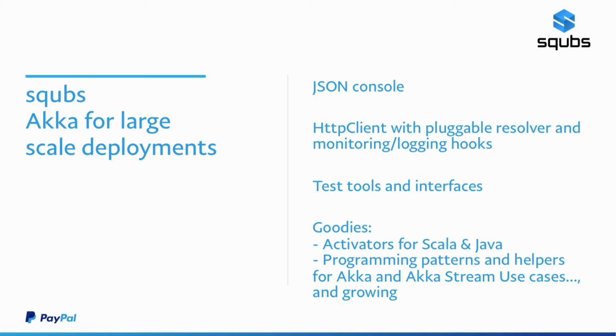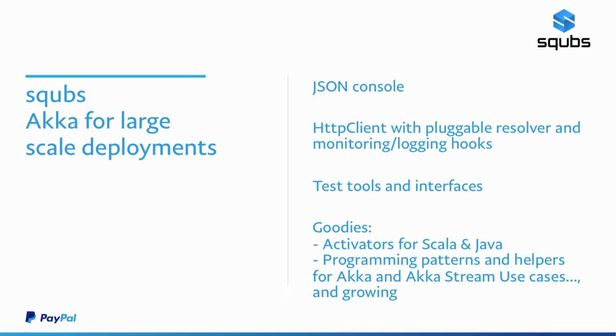It also provides an HTTP client, which is on top of Spray. On the server side, we have already upgraded to Akka HTTP, and we are in the process of upgrading to Akka HTTP on the client side as well. It provides an HTTP client on top of Spray with some hook points and pluggable endpoint resolvers, to be able to register different service discovery mechanisms as a chain.